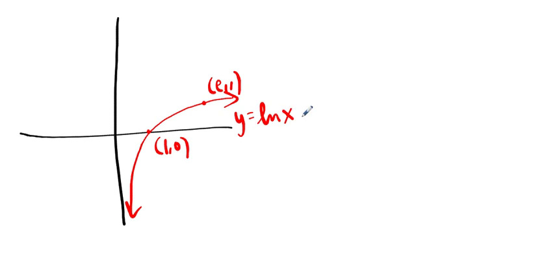The natural log function was that function that looked like so. It passed through (1, 0). It passed through (e, 1). This is the natural log function.